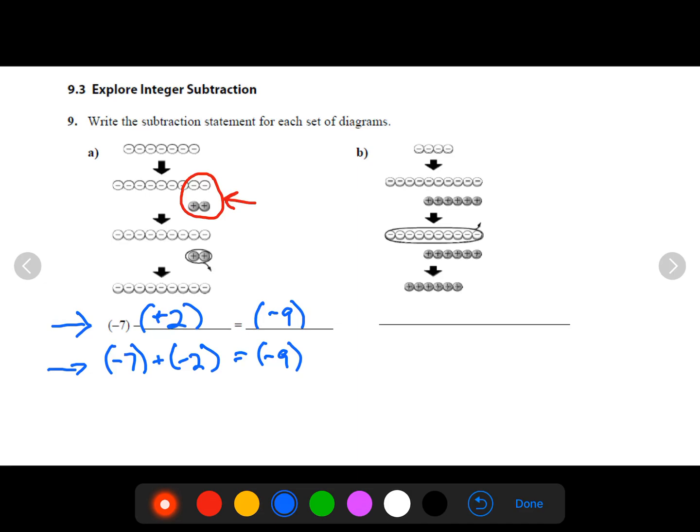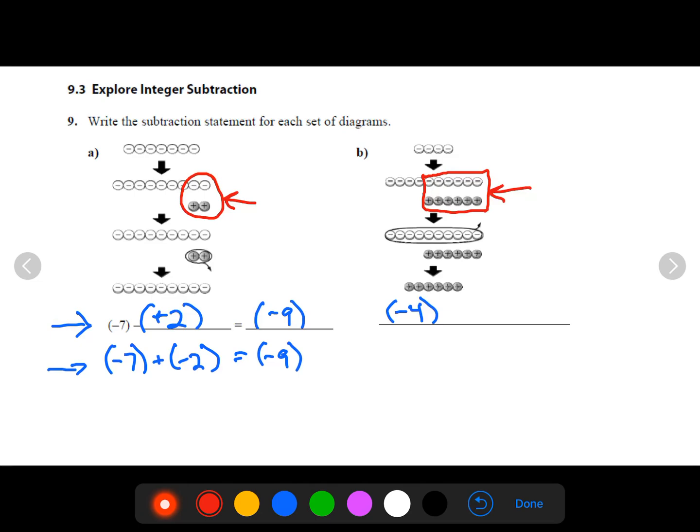All right, part B. So we're starting with -4. Then from this step to this step, it looks like we've added some more zero pairs, which tells me that I'm guessing we're subtracting something.